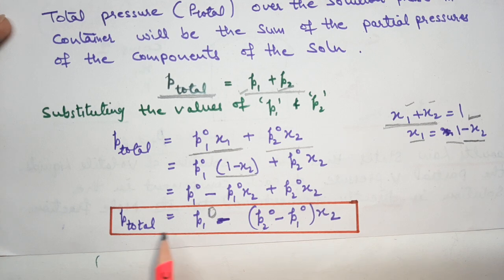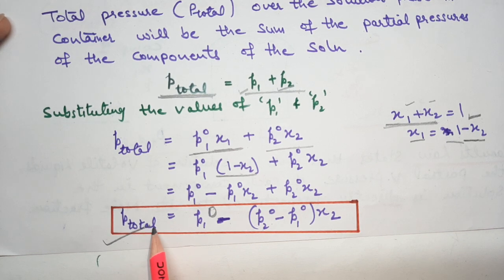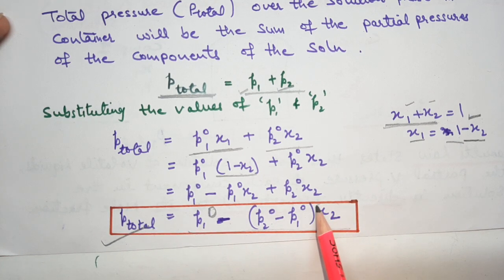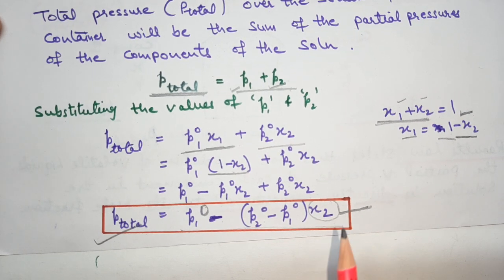So what is the meaning? The total vapor pressure over the solution phase can be explained in terms of the mole fraction of only one of the components. Here we substituted the value for X1, so in the final expression we get X2.